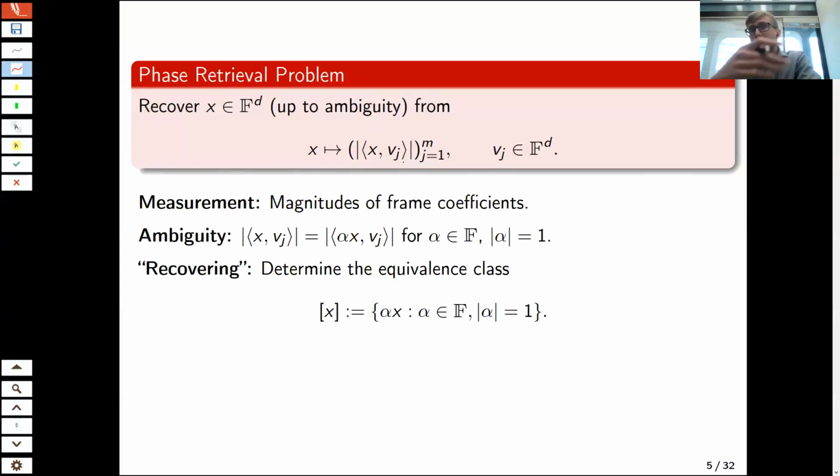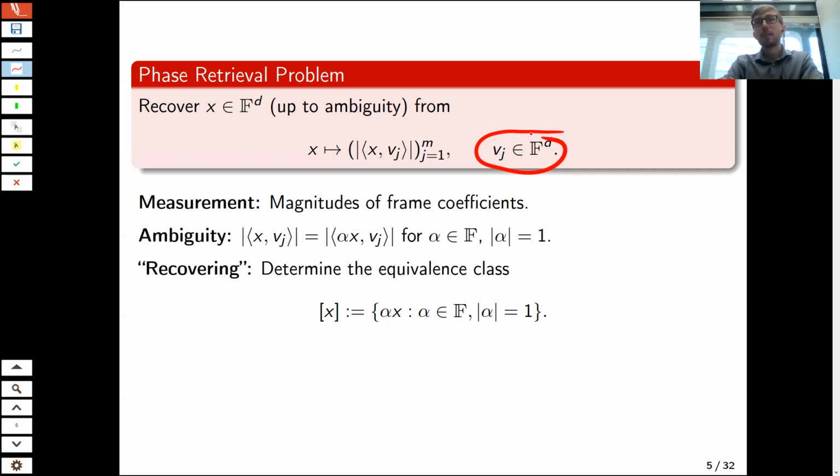Now, here are a few observations about this problem. First of all, think of this collection of vectors as a frame in F^d, where F can be either the real or complex numbers. So we are dealing with real or complex finite dimensional vector spaces.